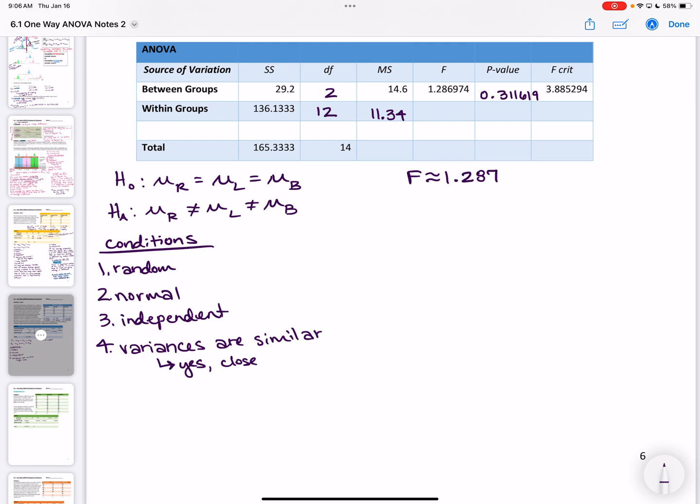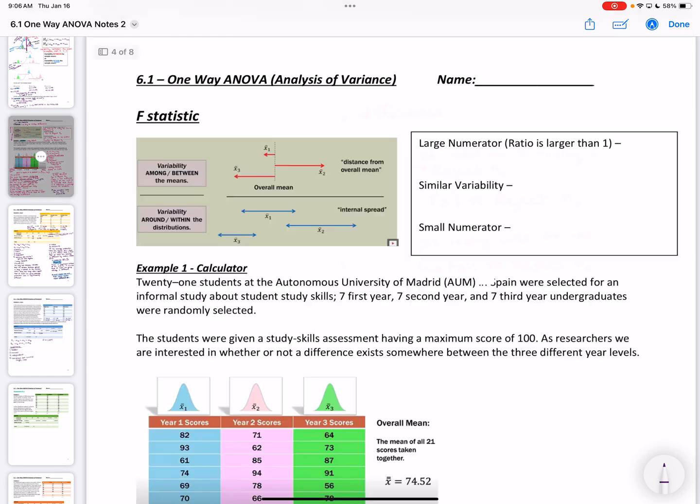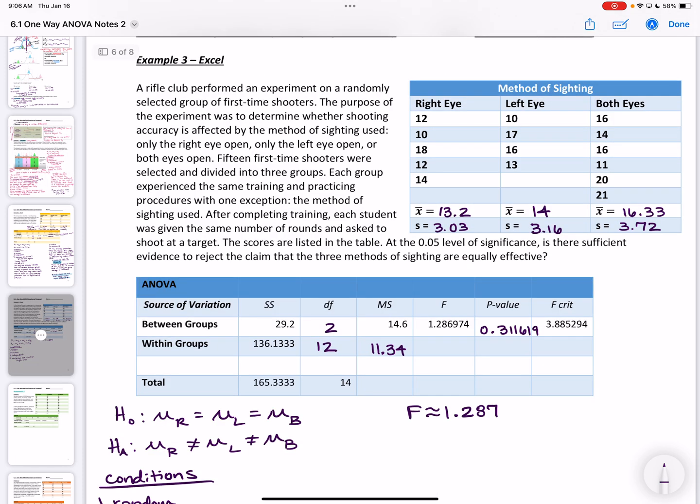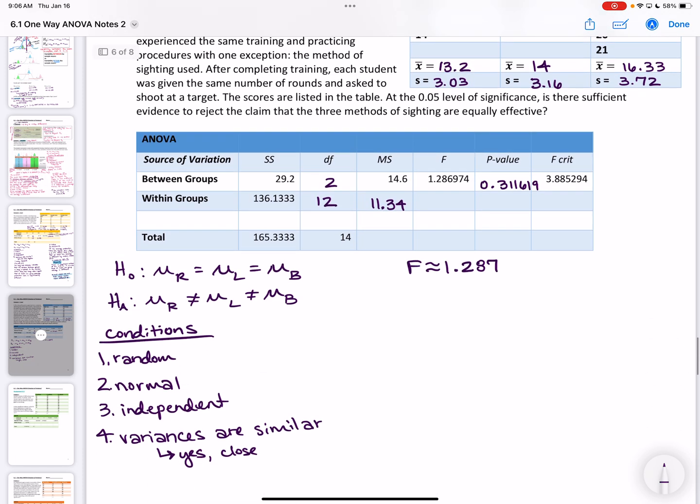I sometimes, to get an idea, because that one part says if the ratio is larger than 1. Well, this is larger than 1, but it's 1.28. So it's still pretty close to 1. So I sometimes look at the p-value to get an idea. So 0.3 is going to be bigger, so we're going to fail to reject, which means this would have to be small. 1.28 is small.